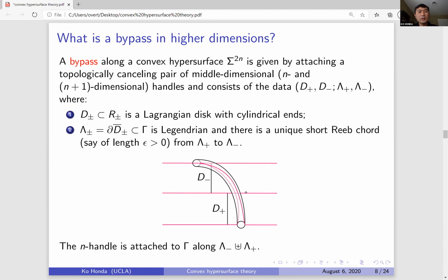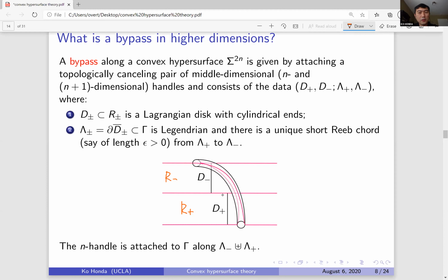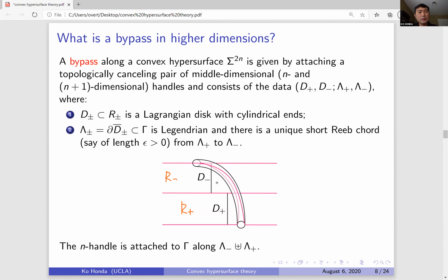And the data consists of D plus, D minus, which are Lagrangians. This is R minus and this is R plus. You take a Lagrangian disk inside R minus and another Lagrangian disk inside R plus, with Legendrian boundary, basically. And the setup is such that, I think I want a different color.